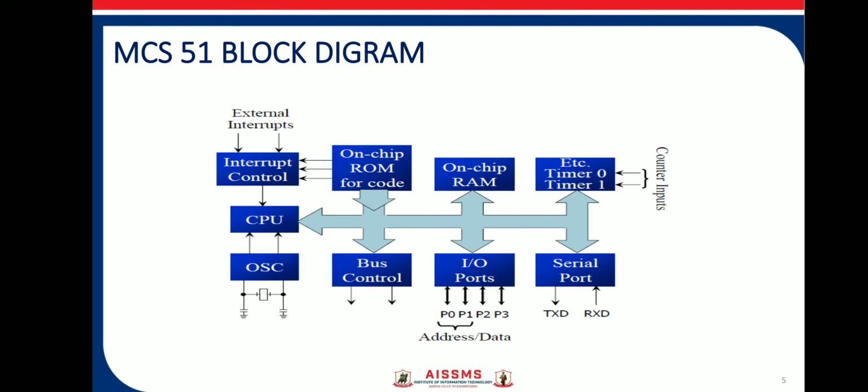There is a bus control unit to control the flow of data. Then there are IO ports to communicate with the external world. There are 4 ports: P0, P1, P2 and P3. There is a serial communication port for transmitting and receiving data.